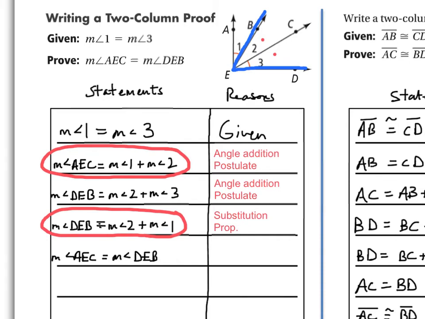Or I'm sorry, not the transitive property. Let's cross that out. We're going to use substitution property because we said AEC is 1 plus 2, so I'm replacing 1 plus 2 with AEC. So we're going to use this as the substitution property.